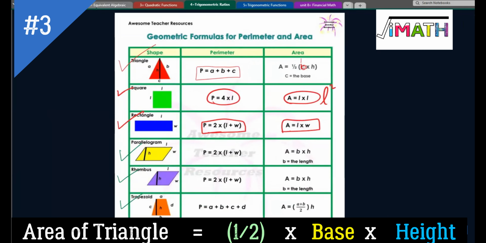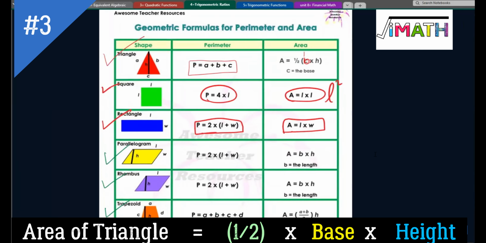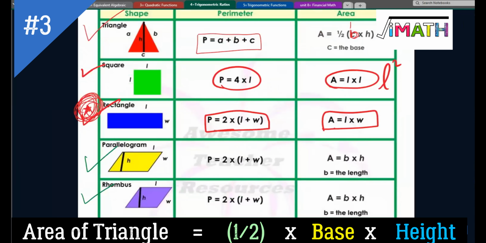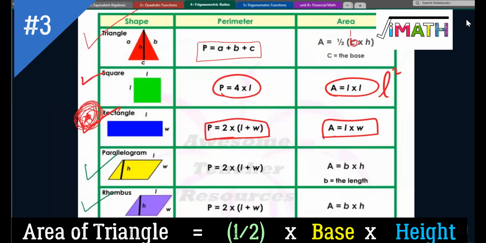The rectangle is the basic of all of them, so do not forget the area and the perimeter of the rectangle at any cost. Then you would be able to deduce all other formulas from the rectangle one.